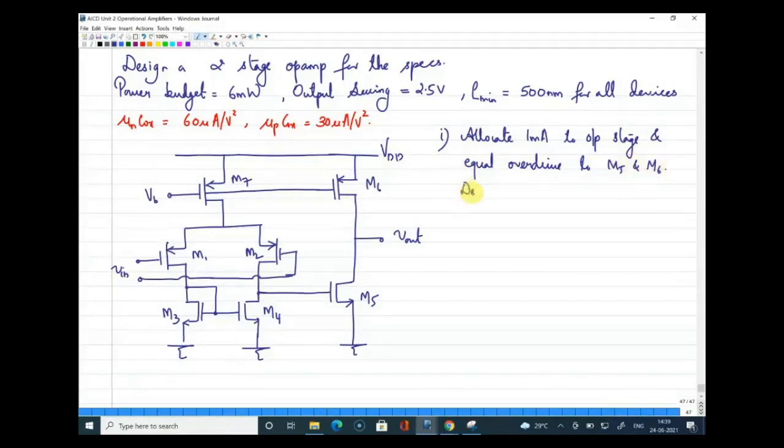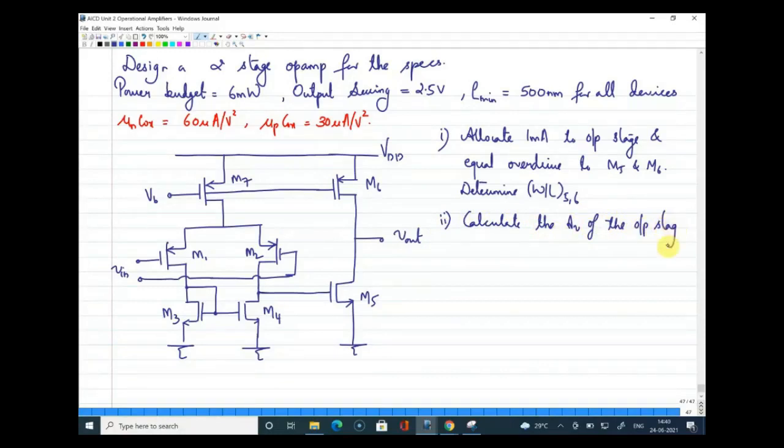With that condition, you can determine the size of 5 and 6, W by L of 5 and 6. This is the first question. Then the second part is you can calculate the voltage gain of the output stage.